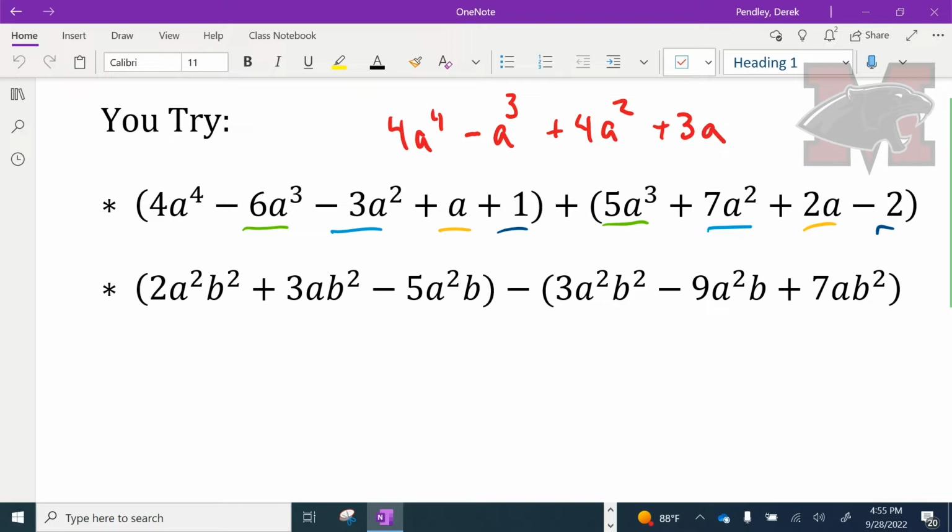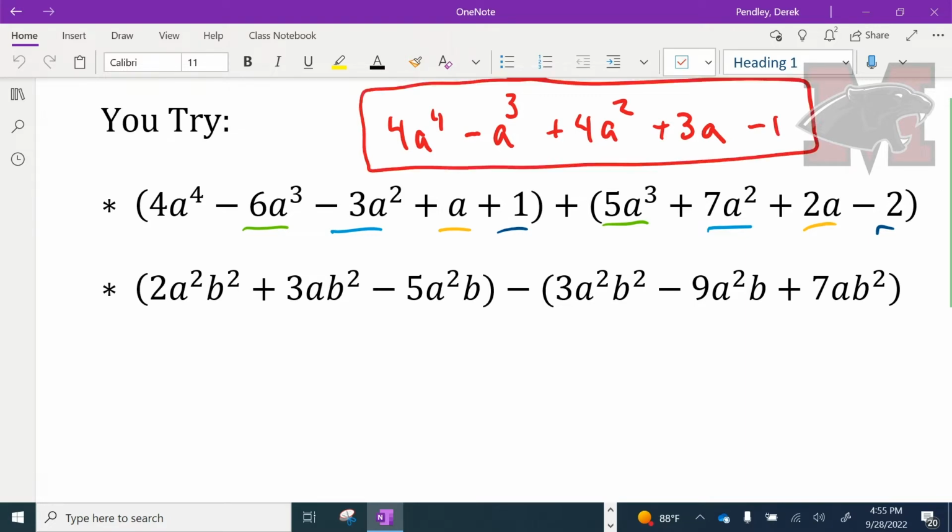And then 1 minus 2 gives me negative 1. So this is my new polynomial written in standard form, where a to the fourth is the largest degree term. Positive 4 is my leading coefficient. So when I added these two, I just came up with a new polynomial.